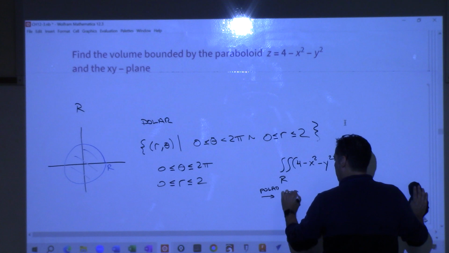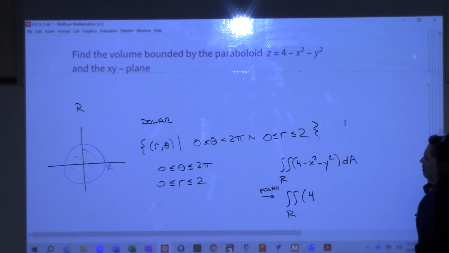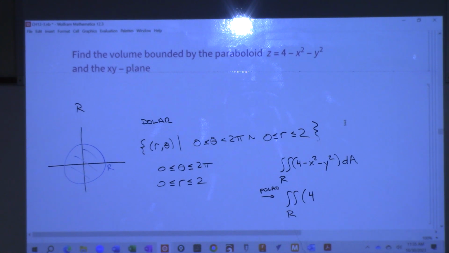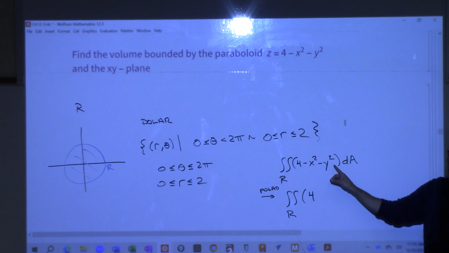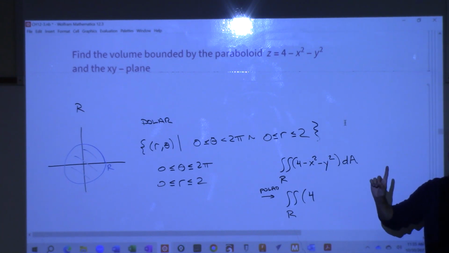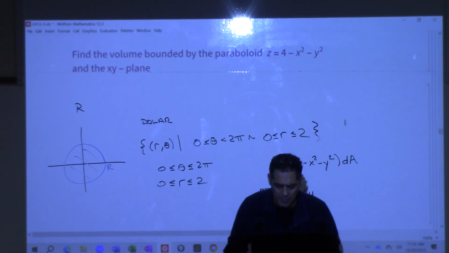we're going to do a double integral over R, but now this becomes 4 minus x squared minus y squared. So remember, x is what? r cosine theta, and y is r sine theta, right? However, back when I first introduced the idea of polar, there were a couple of formulas I gave you.